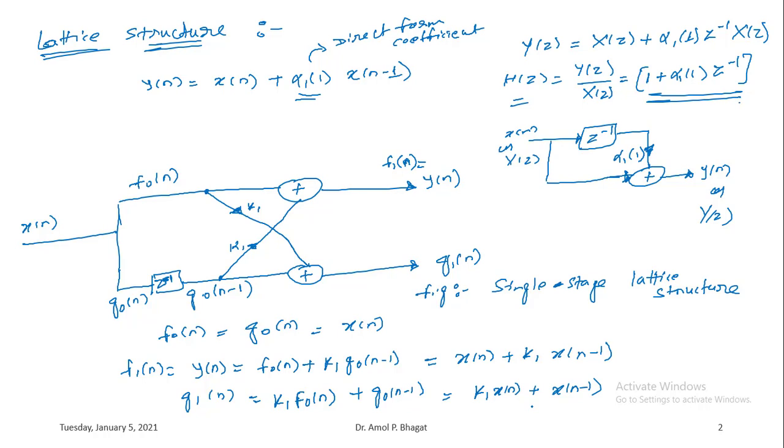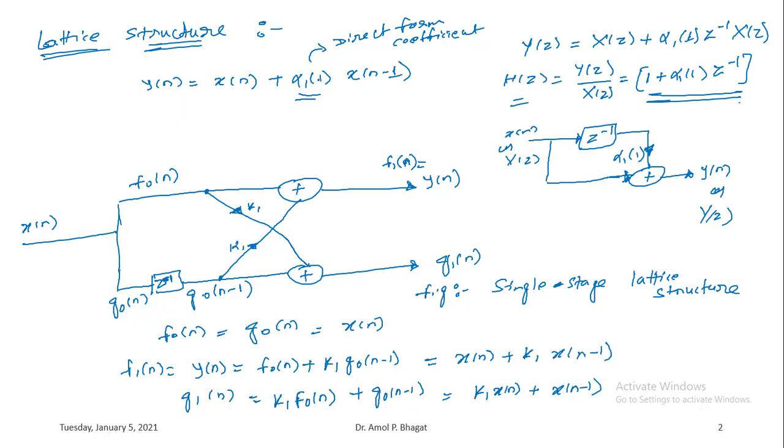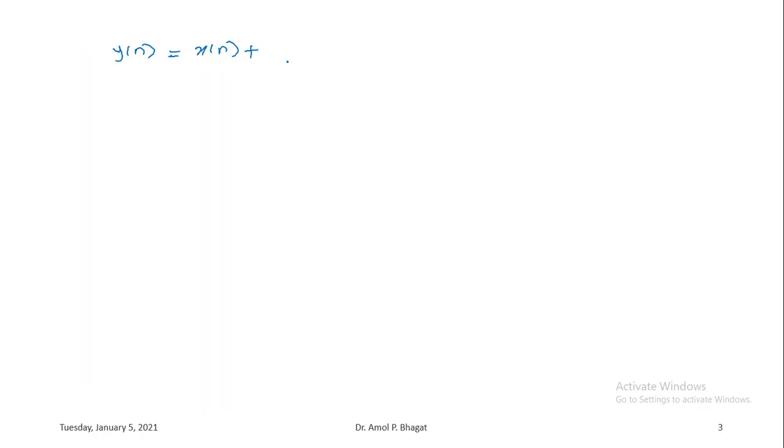So similarly, you can draw it for the two-stage lattice structure. Only this direct form equation can be written for this two-stage lattice structure as x of n plus, in place of alpha 1 of 1, it will be alpha 2 of 1. Basically, here the coefficient is alpha 2 of 0, right? Alpha 2 of 0 is 1 in this case.